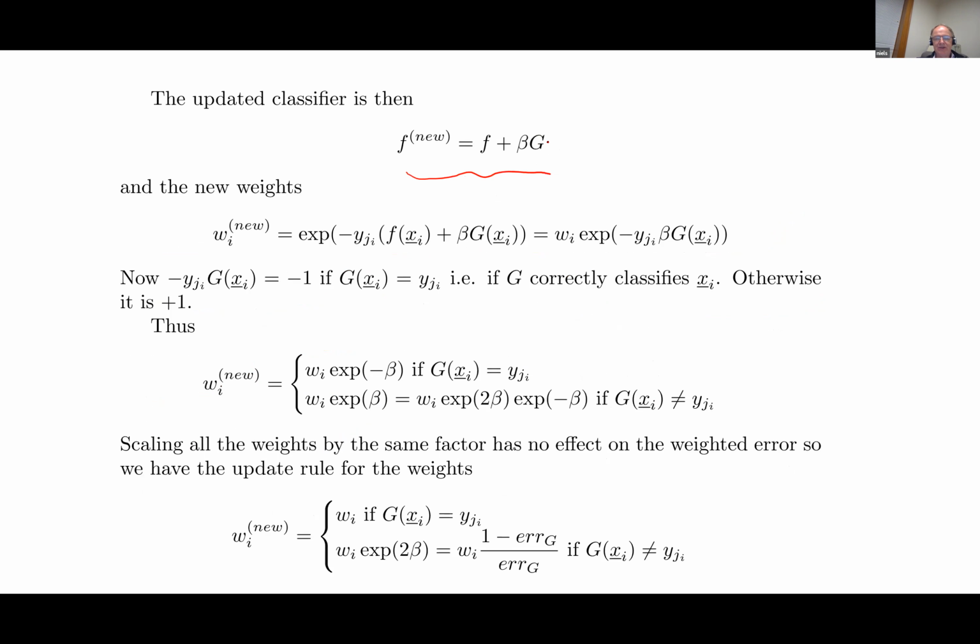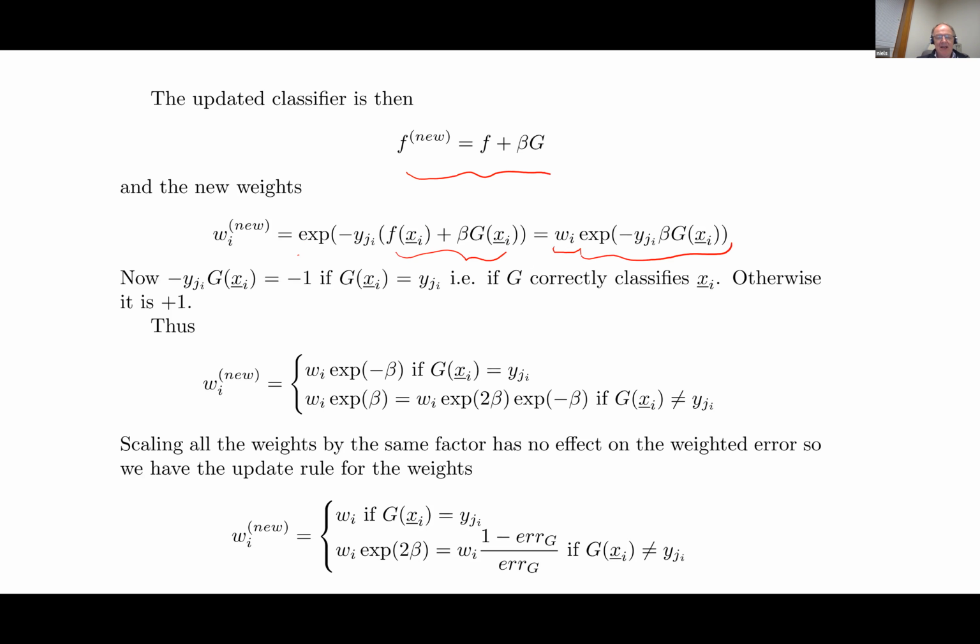Then the new weights are going to be this, right? The old weights were these, and now we're adding this beta times G_M to our classifiers. We get a different classifier, namely this one. And the new weights are then w_i times exp of minus y_i beta G(x_i).